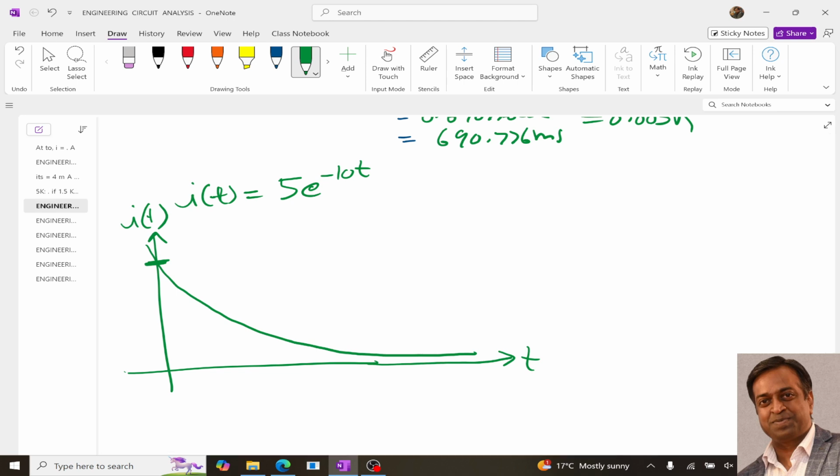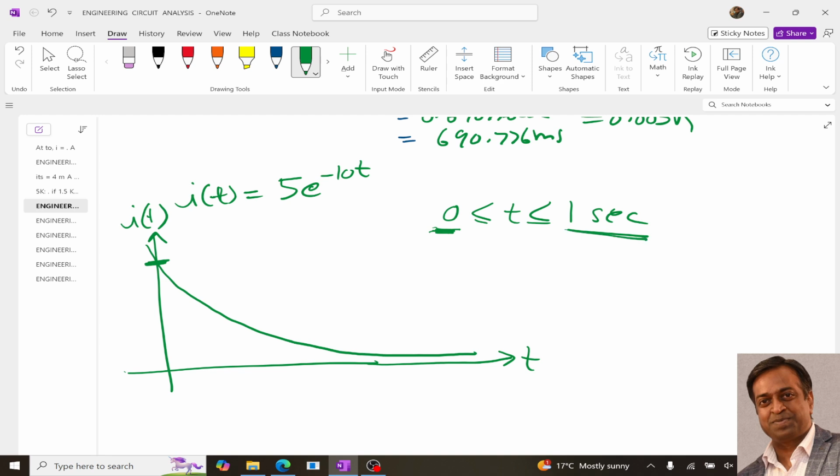Since it is asked in the question that we need to graph it for this range, it means that we need to determine at least what is the value of i at t equals to 0, and what is the value of i at t equals to 1 second.